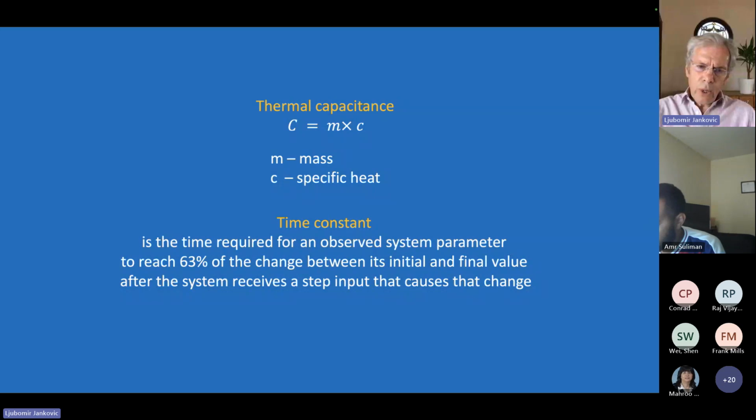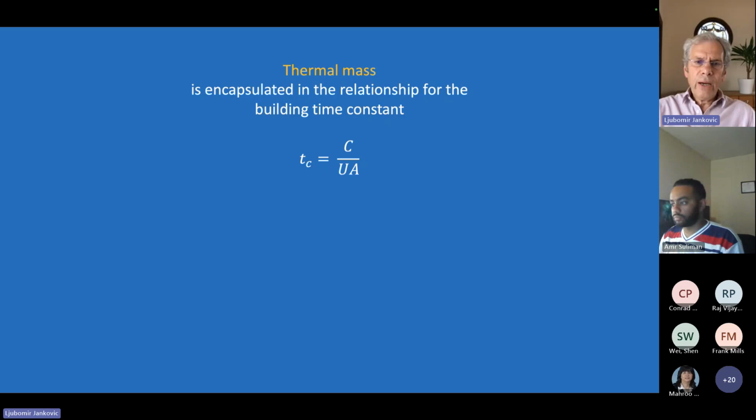We also need to understand what time constant is, and that is the time required for an observed system parameter to reach 63% of the change between its initial and final value after the system receives a step input that causes that change. So we can now define thermal mass as encapsulated in the relationship for the building time constant.